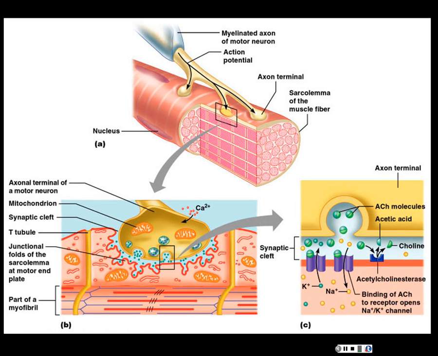All of that which we discussed and just described is called excitation-contraction coupling. It's linking the excitatory events of the muscle to the actual contractile event. So let's review what we learned in lab and from homework 5 and what we've been discussing today.